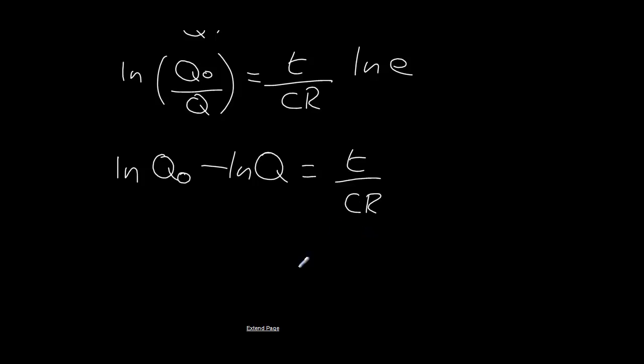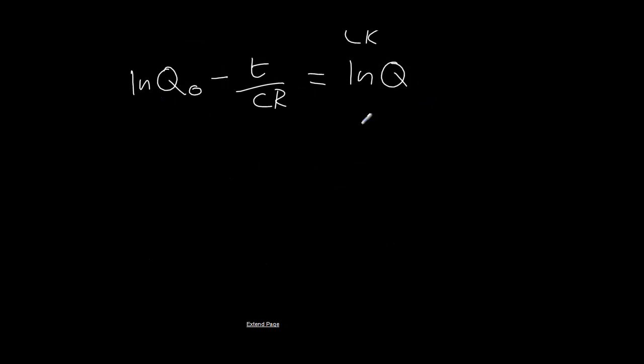Right. Now, if I rearrange this, I can get myself to the following situation where I've got natural logarithm of Q0 minus t over CR equals the natural logarithm of the charge that is left on the capacitor, or I'm just going to rewrite it out in a slightly different way.